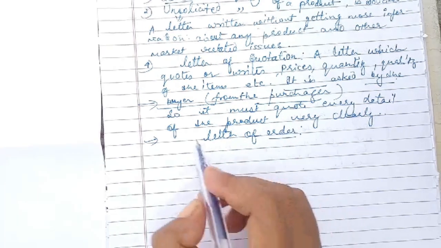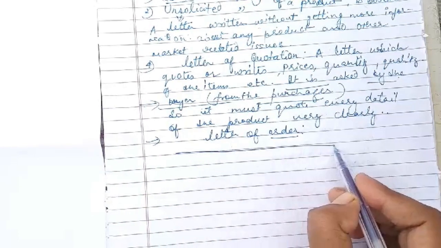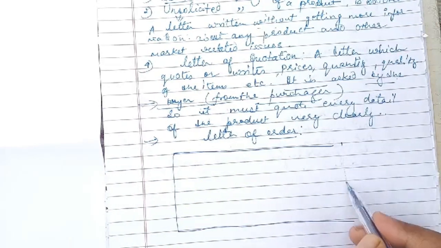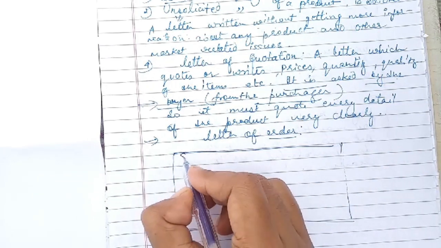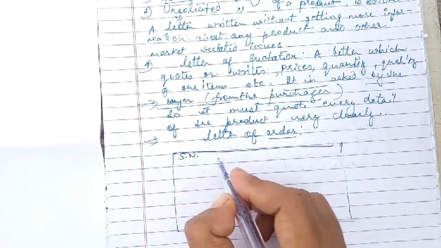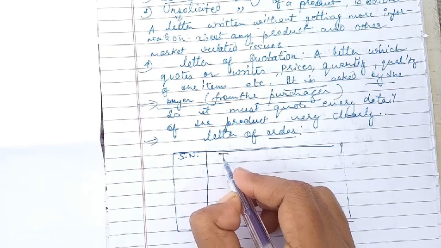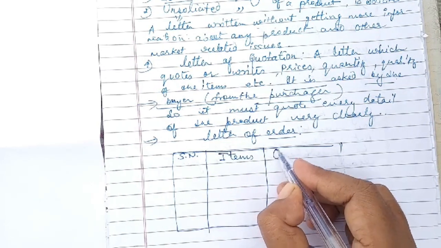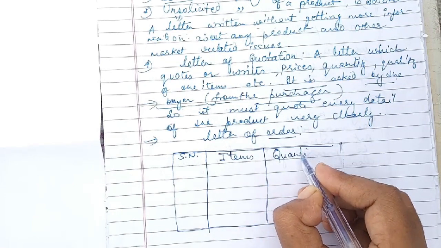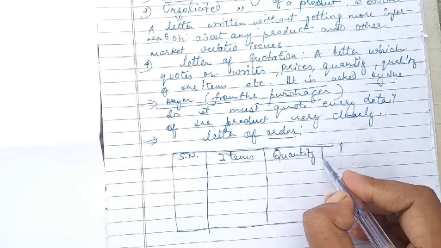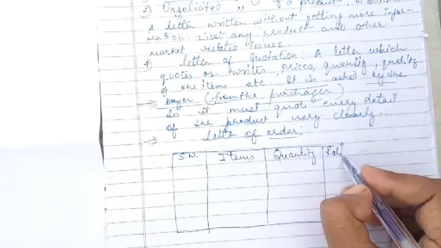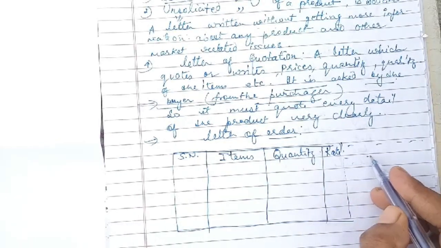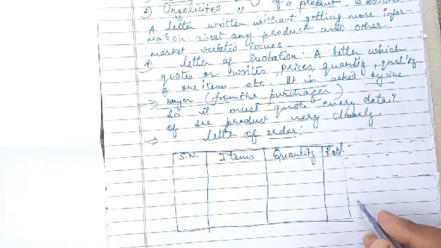Like we can see that this letter can have some tables inserted in it, like serial number, items, quantity, rate, yes. And in the same way, we can add here any number of columns according to the need.